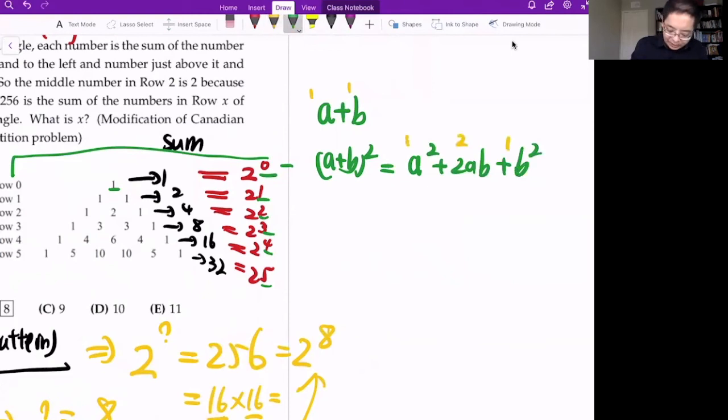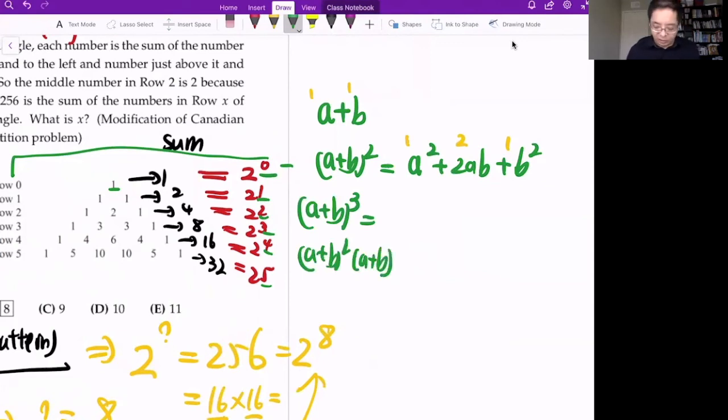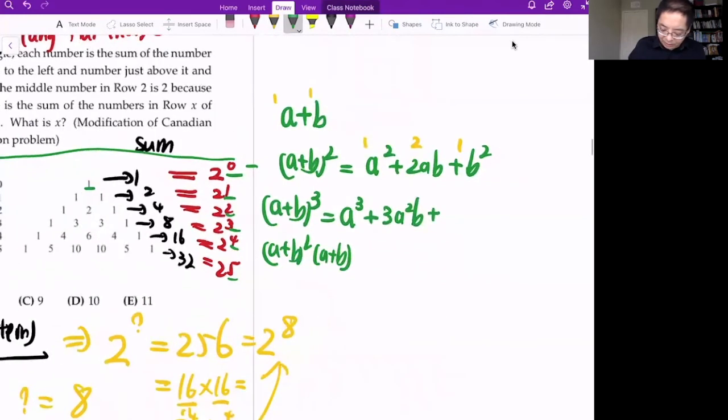Now, if I do A plus B cubed, which is A plus B squared times A plus B, and write it out, you get A cubed plus 3A squared B plus 3AB squared plus B cubed.